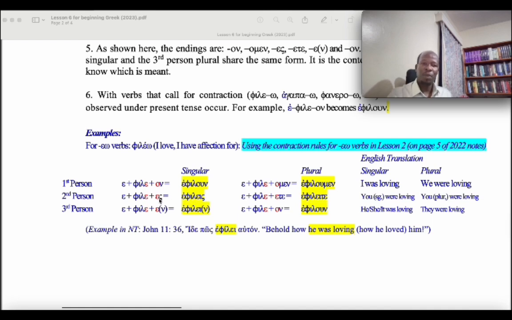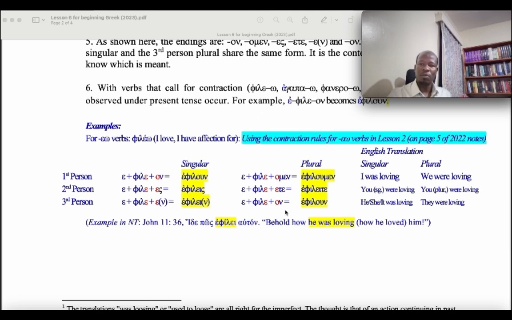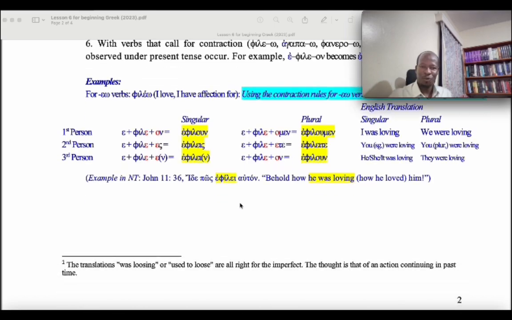Epsilon plus epsilon gives you ei, and epsilon plus omicron gives you ou. That's how the process works. My encouragement is for you to work through this. The contraction concept should be your number one emphasis for this lesson.